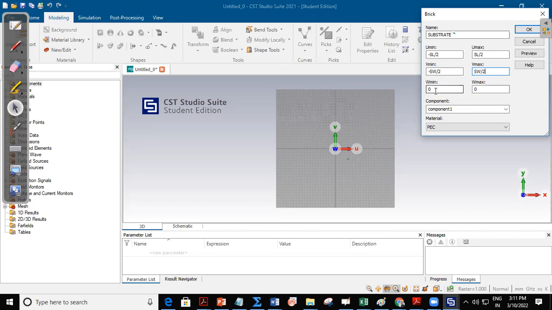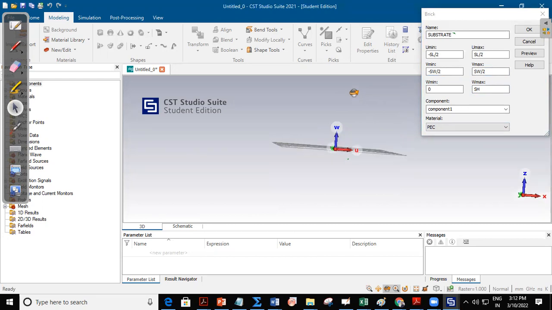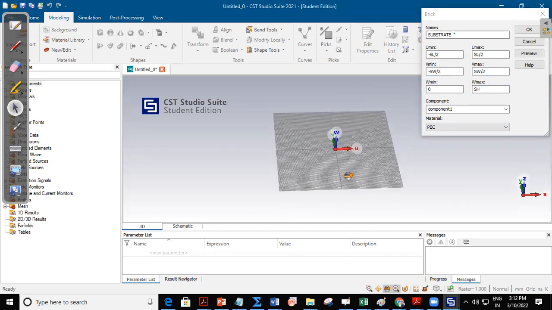If we write the height as from 0 to SH, it means the brick is above the plane from the center, starting from 0 up to the height SH. So there will be a brick ready here.